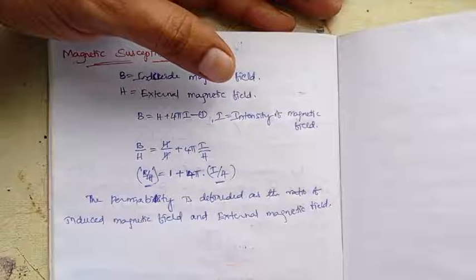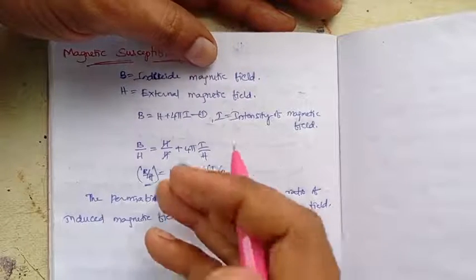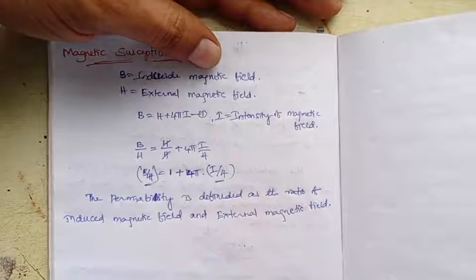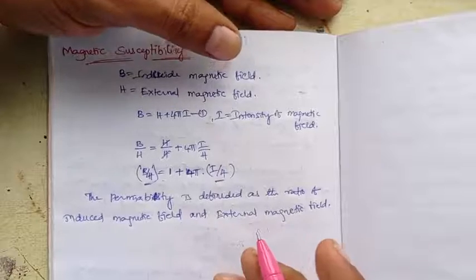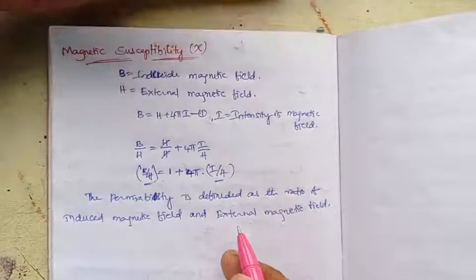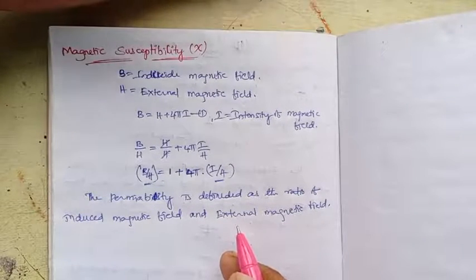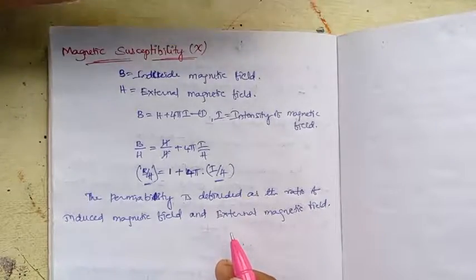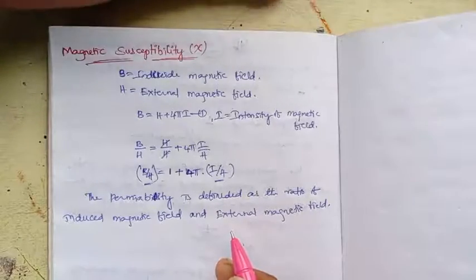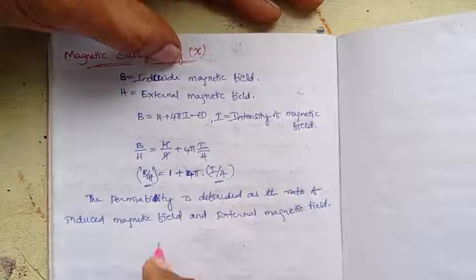So what is the permeability? Now we are defining it. The permeability is the ratio of induced magnetic field in a magnetic substance by the external magnetic field, right? That is the permeability.